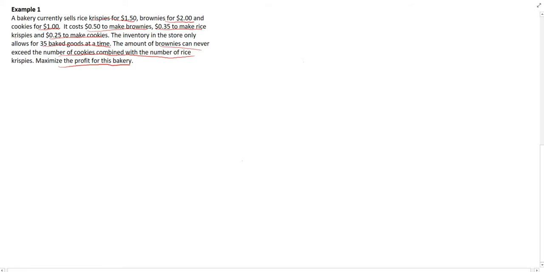So as you can see, I went through and I underlined anything that I thought could be seen as important as either a constraint, which I will mark the constraints in blue now, or a decision variable, which I will highlight in green, and the actual objective function, which I'll highlight in purple.